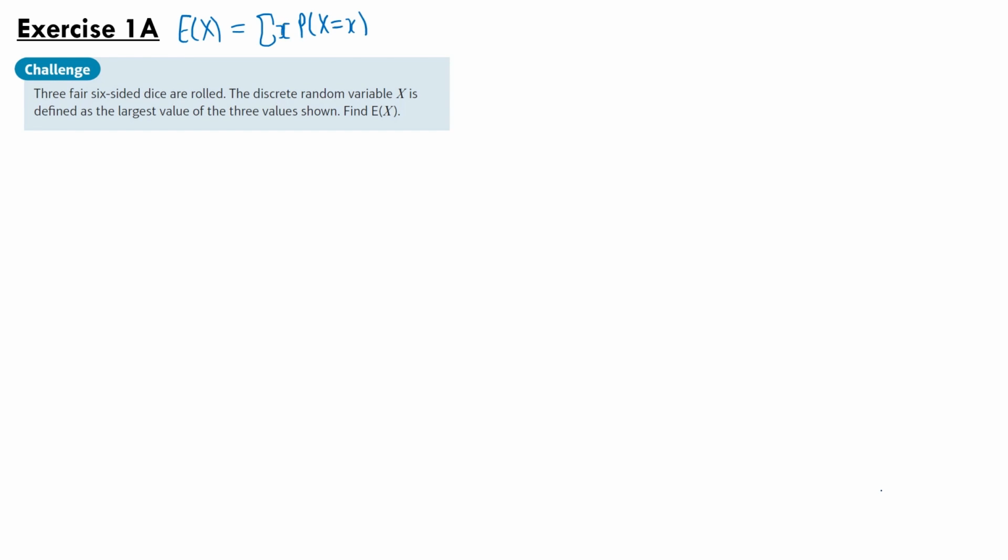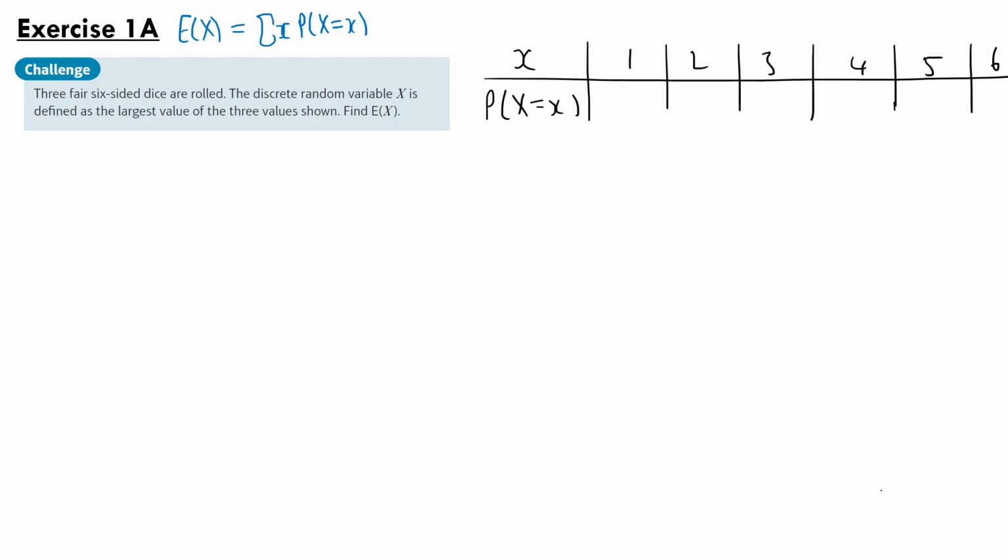And so it'd be useful to show the probability distribution in a table with x on top and then the probability that X is equal to x on the bottom. Now if we first consider the probability that X is equal to 1, this is the probability that 1 is the largest value of the 3 values shown, and that only occurs when all 3 dice roll a 1.